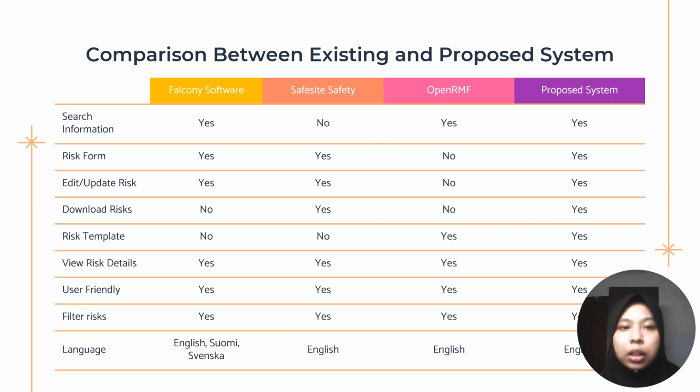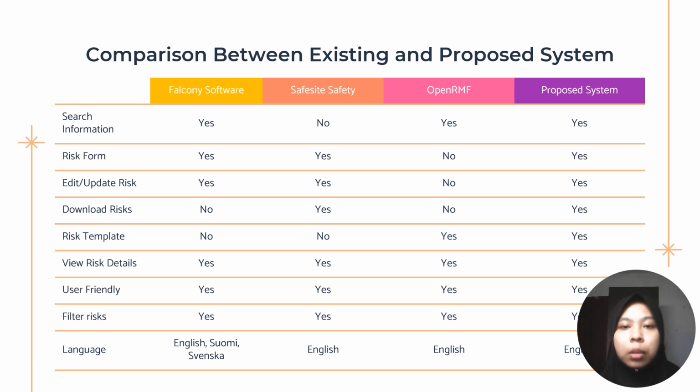There is a comparison between the existing and proposed systems. The functions compared are search information, response, edit or update risk, download risk template, view risk details, user friendly, filter risk, and language. For Falconer, it has almost all functions except for download risk template. For site safety, there is no search information and no risk template.